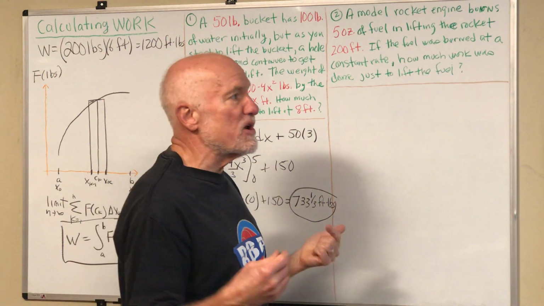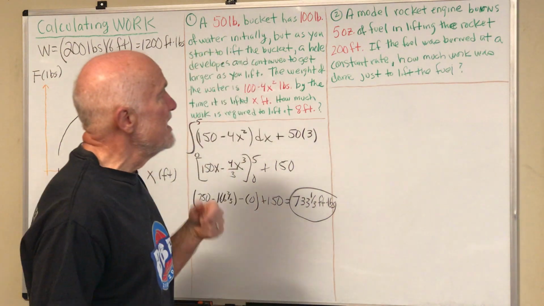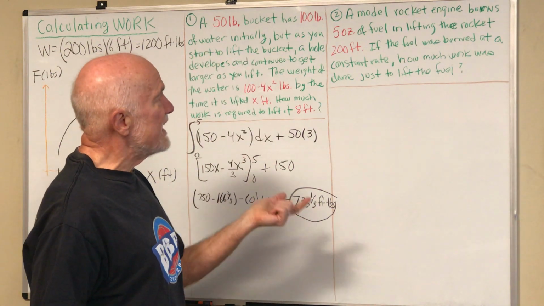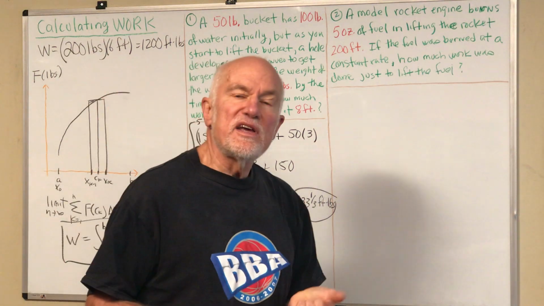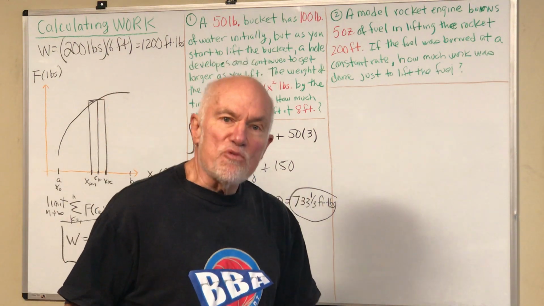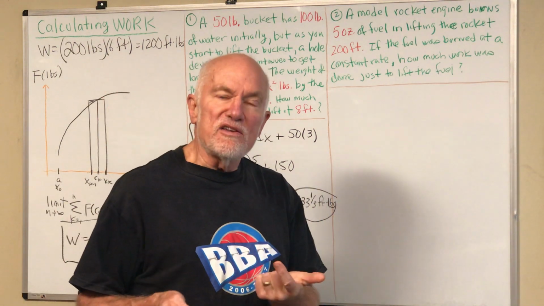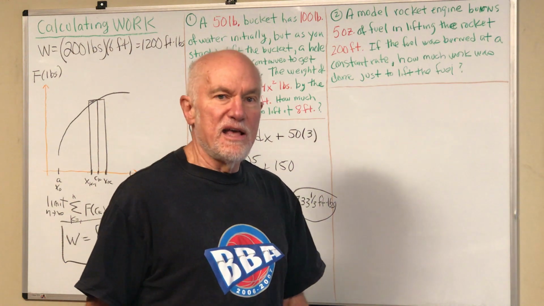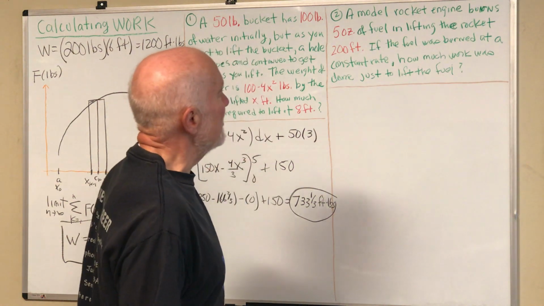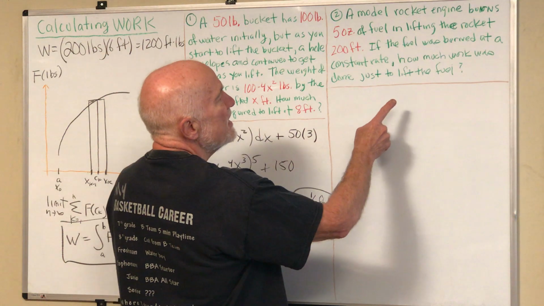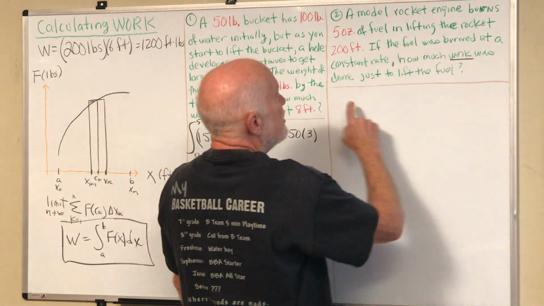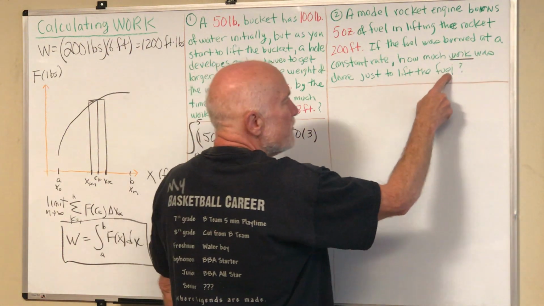It's not going to require calculus. It's just the distance times the weight of the rocket. But the fuel itself is, as the rocket is going up, the fuel is burning. So the amount of fuel is decreasing. So that's where we require calculus. So it wants to find out how much work was done just to lift the fuel.